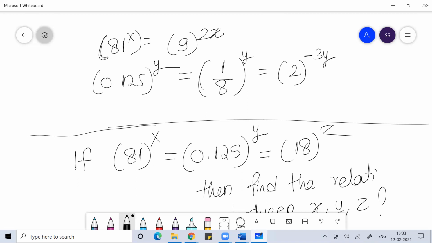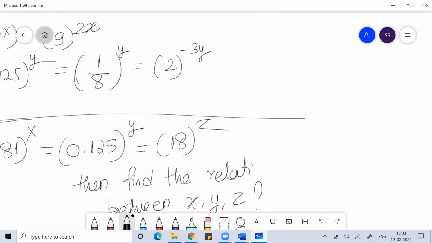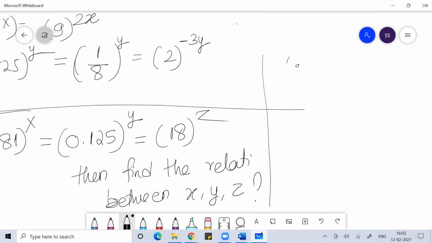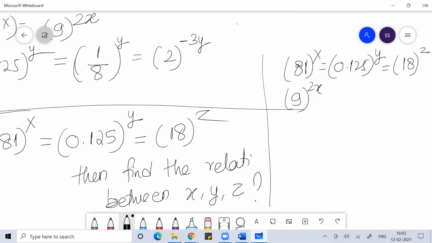So now it becomes very easy for us to understand, because 81 to the power x is equal to 0.125 to the power y is equal to 18 to the power z. So this I can write as 9 to the power 2x, this is 2 to the power minus 3y, that is equal to 18 to the power z.